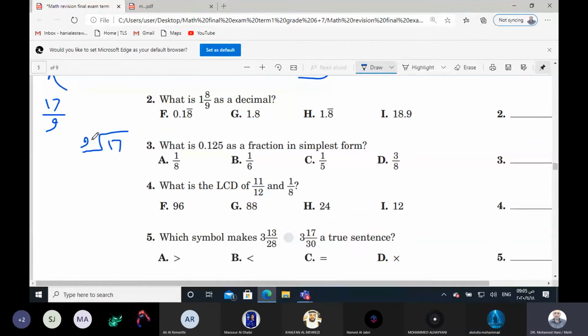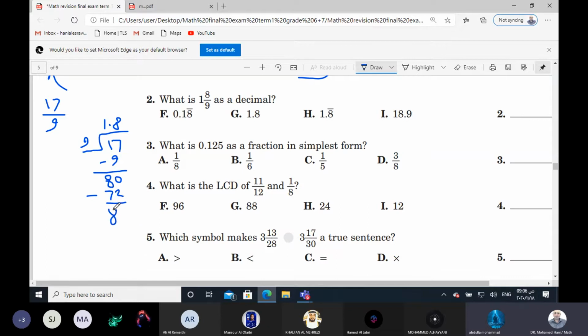17 divided by 9 will be 1. 17 minus 9 will be 8. Now put here a point and put here 0. 80 divided by 9 will be 8. 8 times 9 will be 72. 80 minus 72 will be 8.